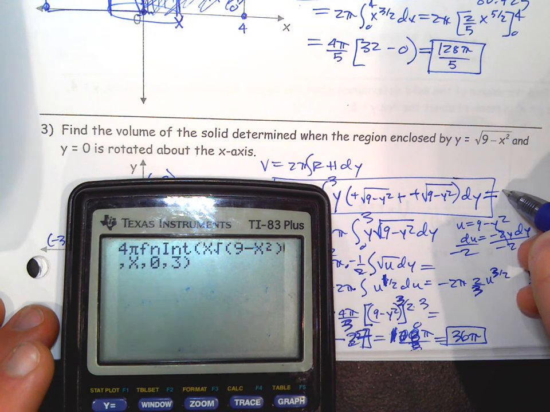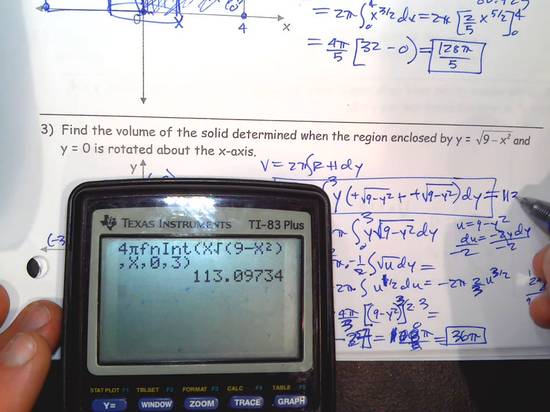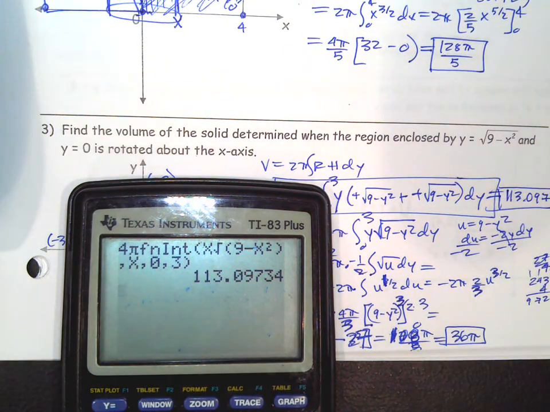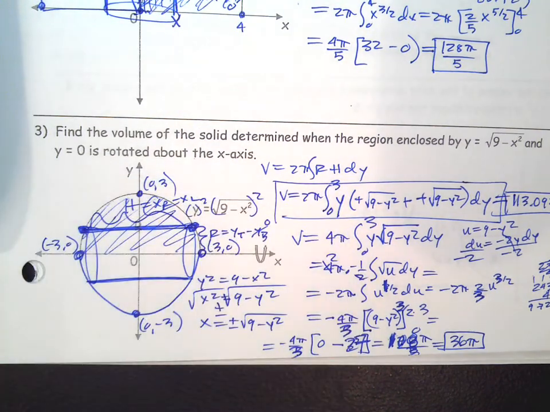Gotta wait for it. 113.097, trying to get 3 decimal places the same. Let's check. 36 pi is the same thing. Okay.